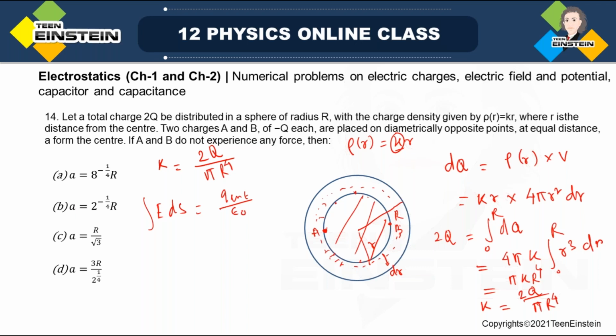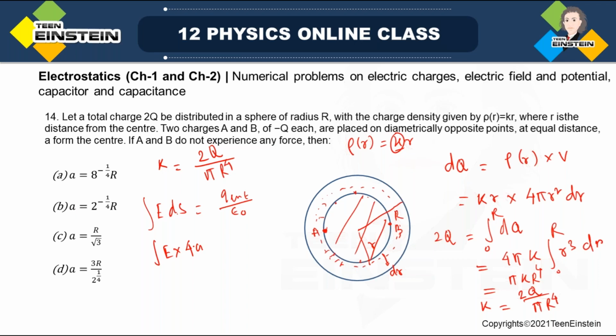On the left hand side, we can consider the surface as a sphere, so this will give you the area 4 pi a square.